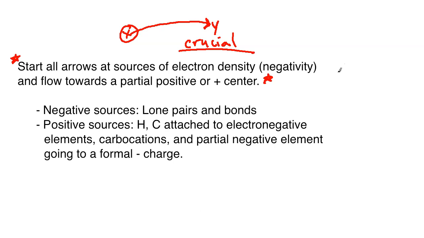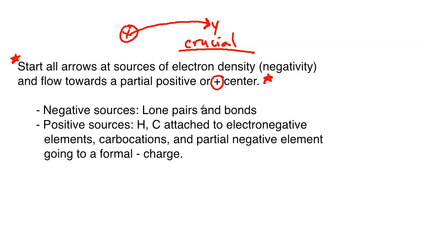And you always flow your arrow towards a partial positive or a formal positive center. Now there is an exception to this, which is when partially negative or electronegative elements are taking electrons into solution to become a formally negative ion, and we'll look at an example like that. However, this general rule, you want to always be following.